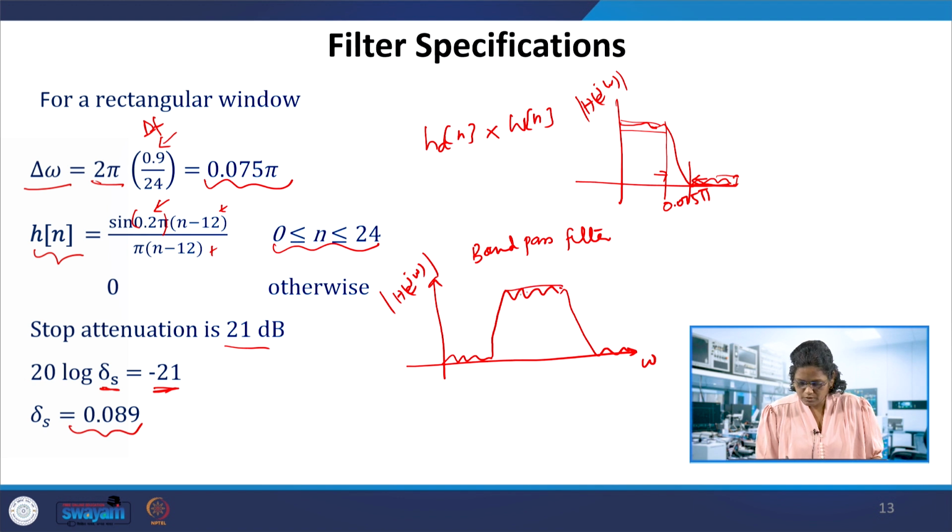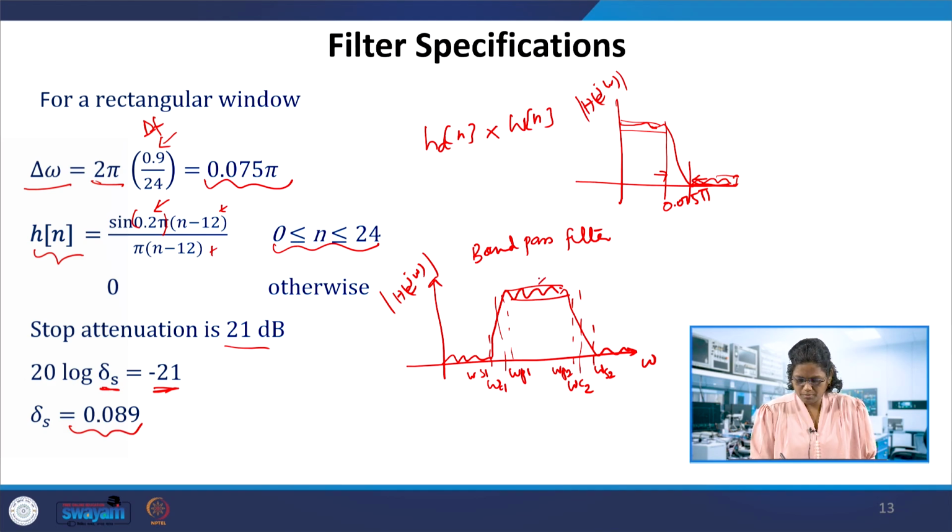So this is the pass band, and here you would have omega c1, the cutoff, and omega c2, the other cutoff frequency. The pass band edges are omega p1 and omega p2, and here omega s is the stop band, here again omega s1. So it starts like that. So the pass band is this.